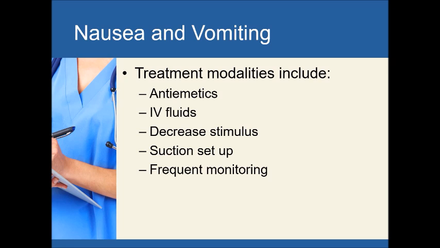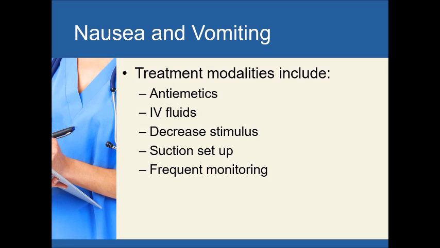Set up a suction. This is important because if the patient does end up vomiting and the patient is a big patient and you do not have the help to turn the patient to the side, either because the patient is too big or you're unable to do so yourself, then not having the suction will 100% put the patient at risk for aspiration.